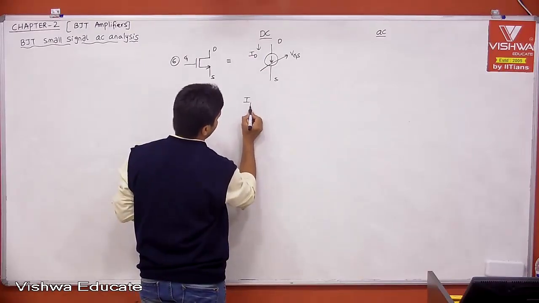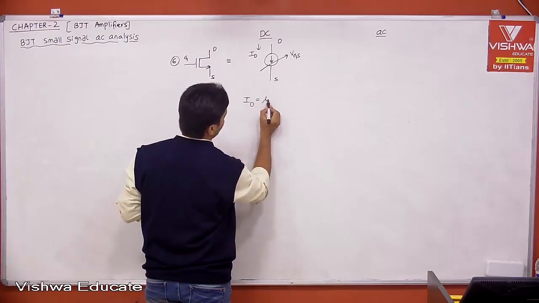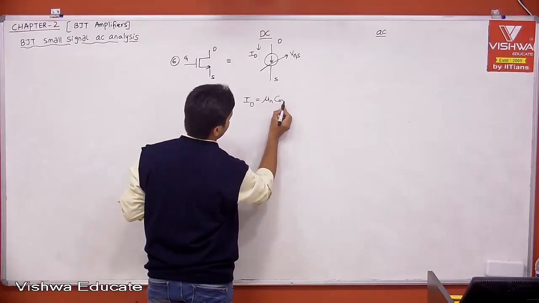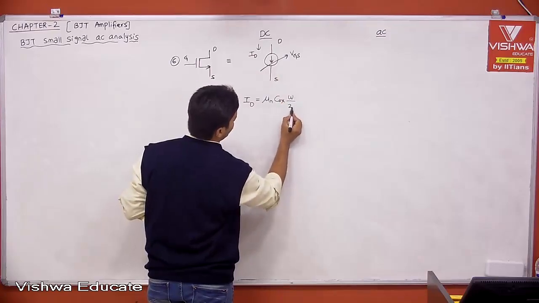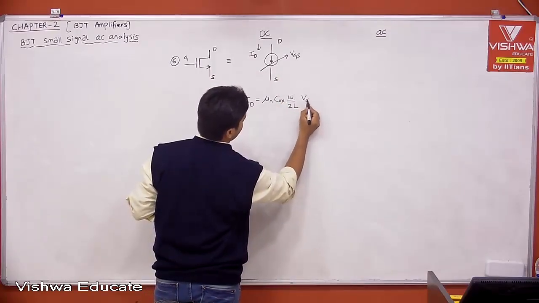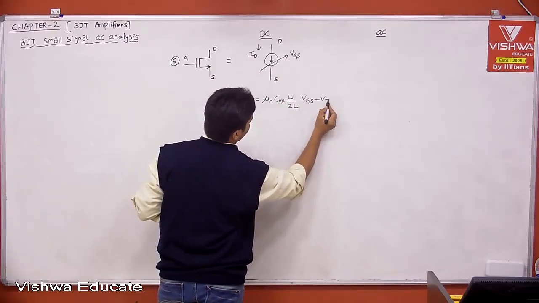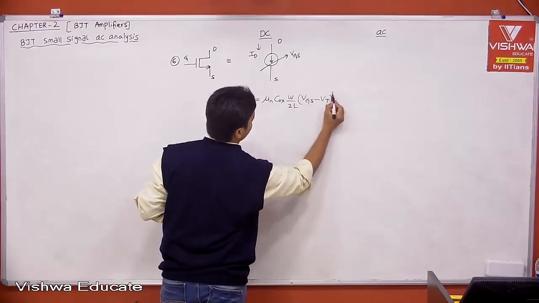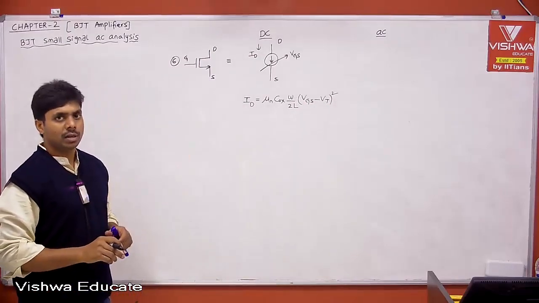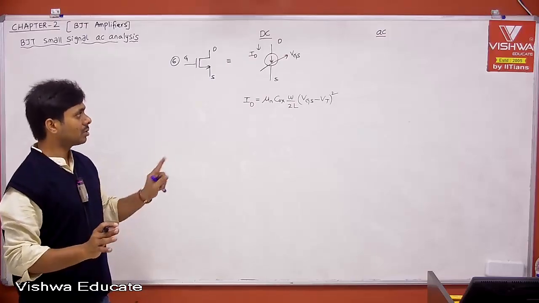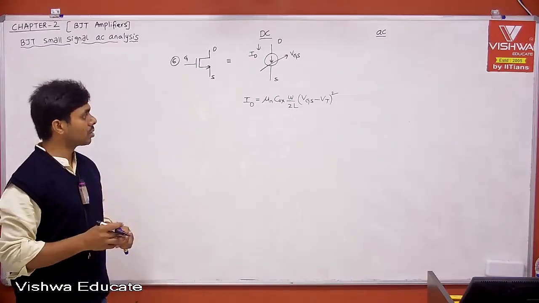We know that ID is equal to mu n Cox. I am taking only saturation or current source, right? Therefore, W by 2L into (VGS minus VT) whole square. Level 1. I am not taking 1 plus lambda into VDS. You can take it, but just to compare between DC and AC, this equation is enough.